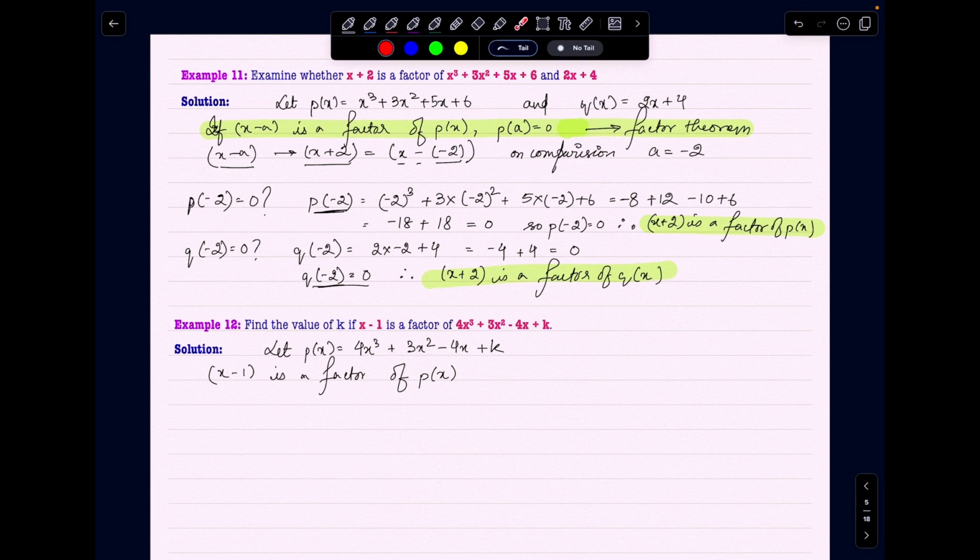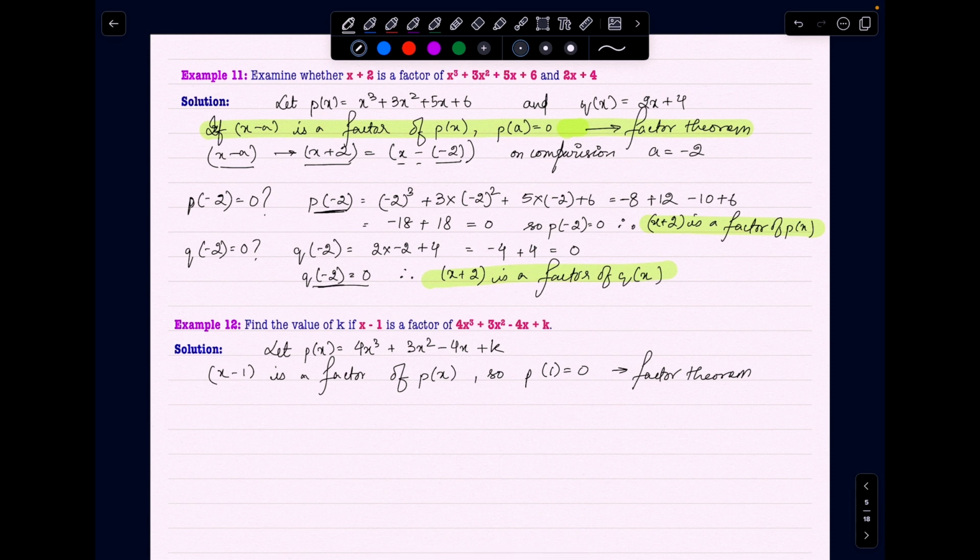So here x minus 1 is a factor of p of x, it is given. So we can write p of 1 equals 0 from factor theorem.